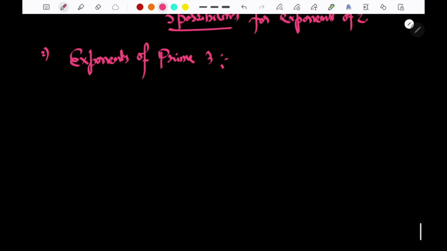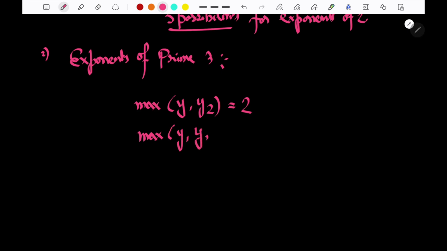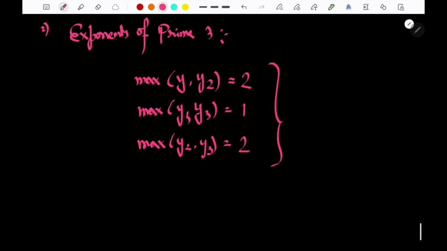So maximum of y1, y2 is 2, maximum of y1, y3 is 1, maximum of y2, y3 is 2. Done. Now these are the possible cases. If we see maximum of y1, y3, I am taking the smaller one, this is written as 1.